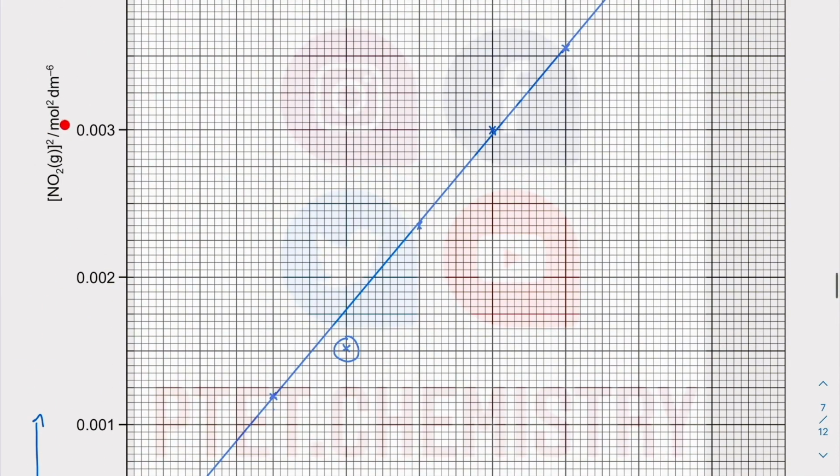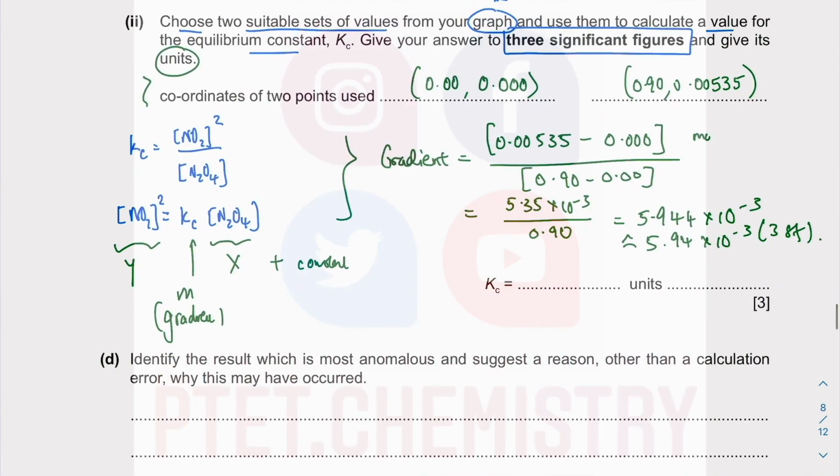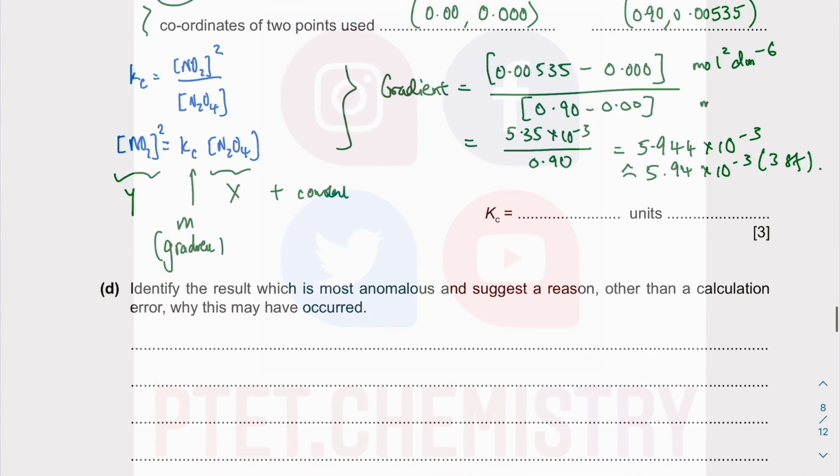This one is mol² dm^-6. So your y-axis is mol² dm^-6. Your x-axis is mole per dm cube. So your final unit is going to be mole per dm cube. Essentially the top bit is mole per dm cube, the whole thing squared.